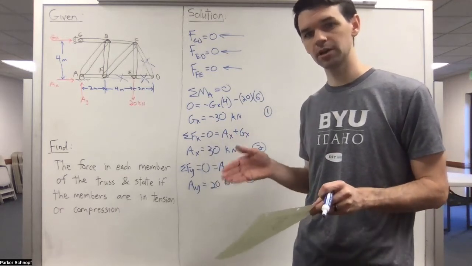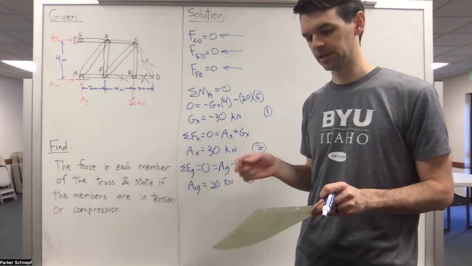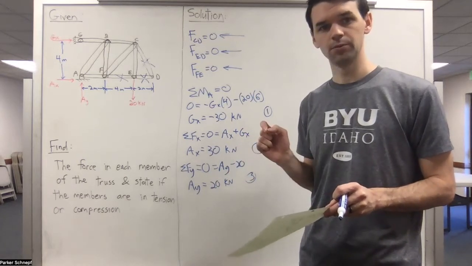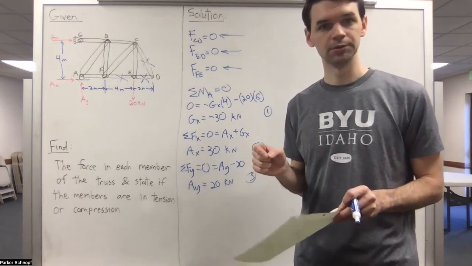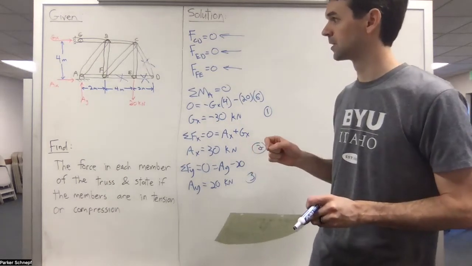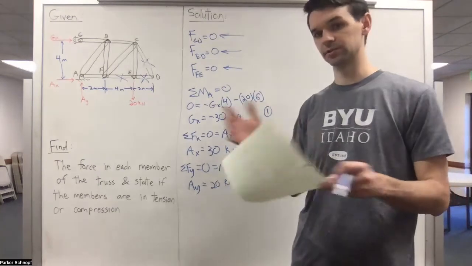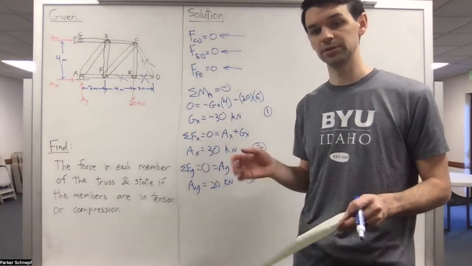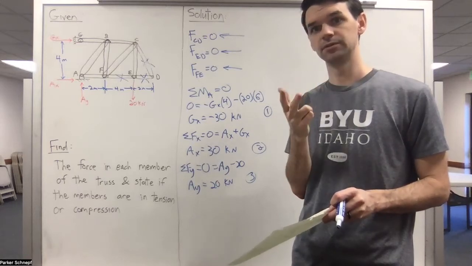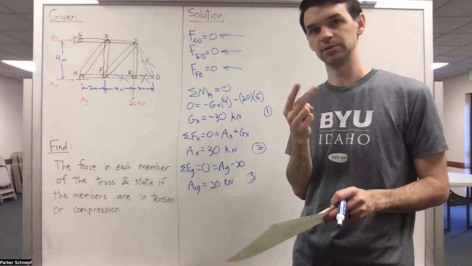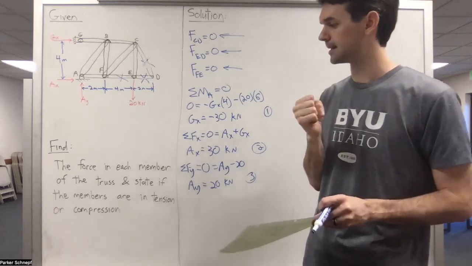And you're going to want to pick a joint where you only have one or two unknowns. So you don't want to pick joints where there's a lot of things you don't know, because when we solve for a joint, we can only solve for two unknowns at a time, using the sum of forces in X and Y.